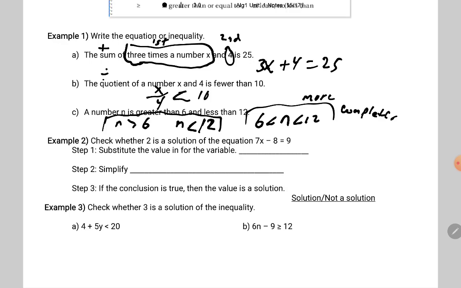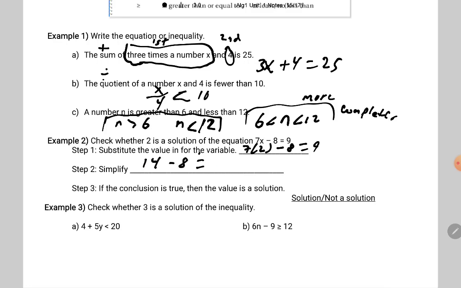Check whether 2 is a solution of the equation. So we're going to substitute the value in for the variable. Every time we see an x, we're going to replace it with 2. So 7 times 2 minus 8 equals 9. 7 times 2 is 14 minus 8.